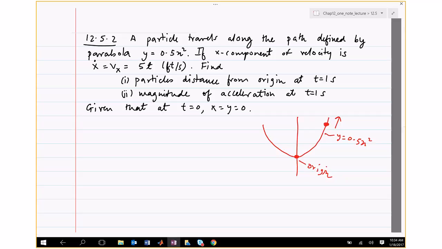You're also given that at time t equals 0, this is where the particle is, at the origin. Randomly drawing a point here, you need to find where that point is, and also the acceleration at time t equals 1.